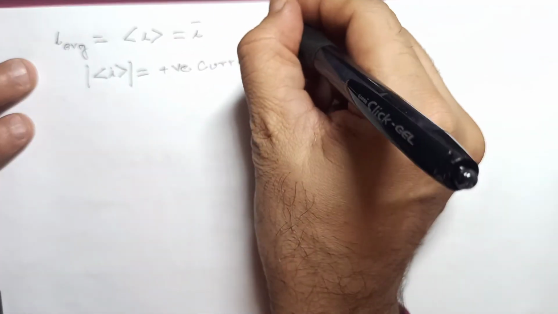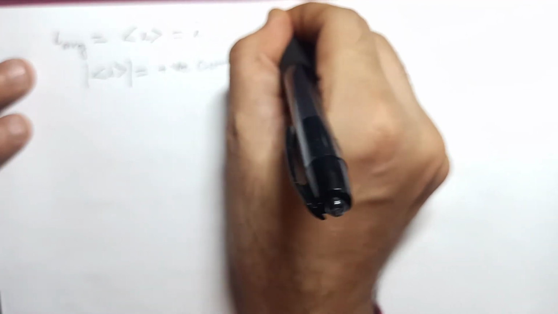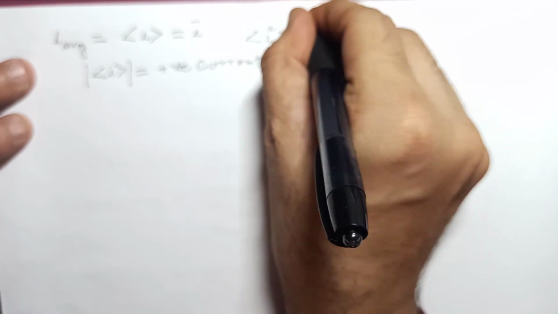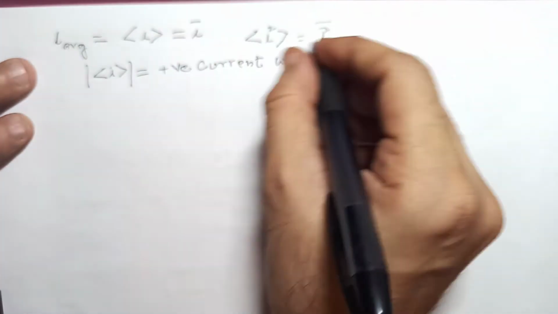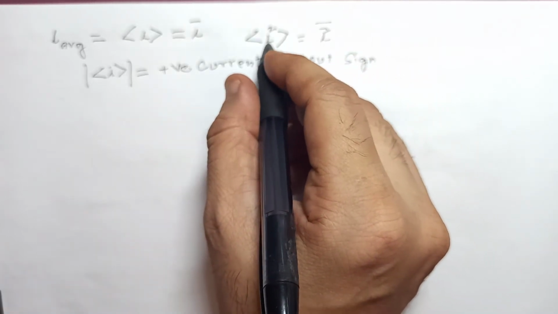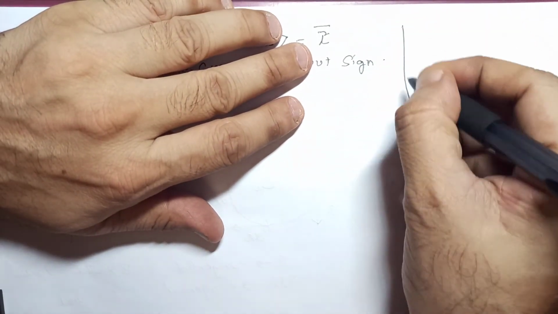Other thing is, if someone talks about I square, this very frequently comes, then this talks about the average of square.